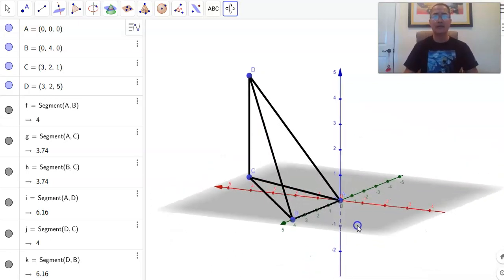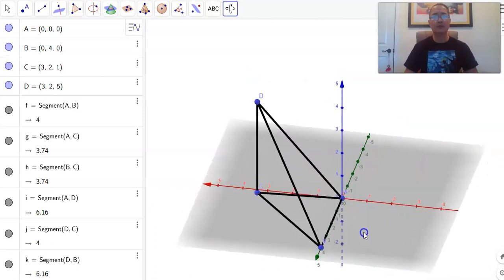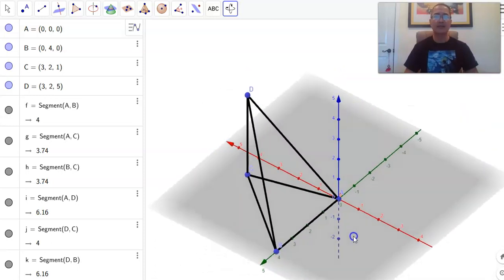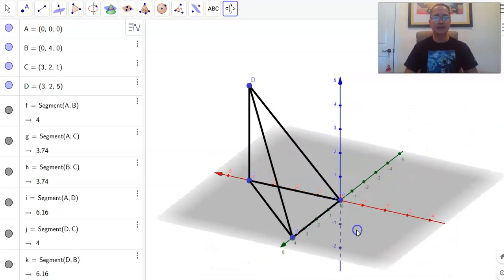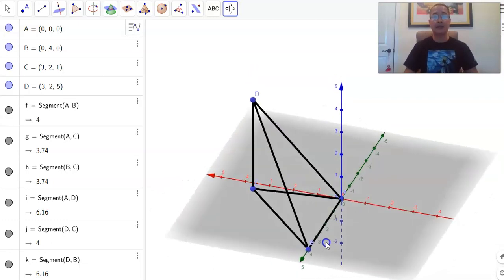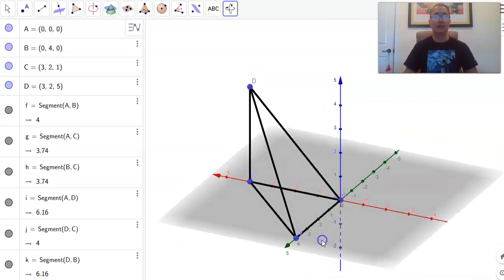So is 8 a reasonable answer for the volume of this tetrahedron? I guess so. We don't have the 1/6 ABC formula to help us out, unfortunately, because this is not a right tetrahedron, where three of the faces are perpendicular to each other.